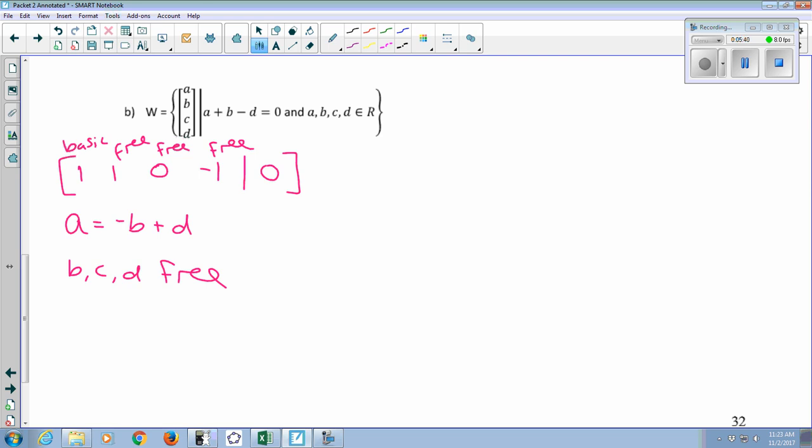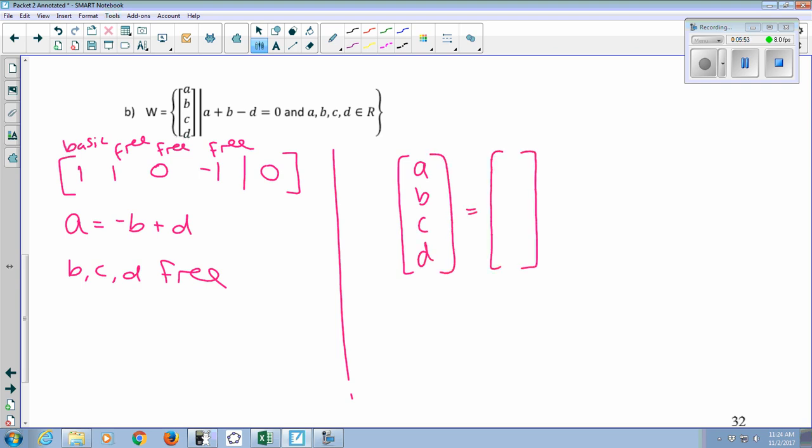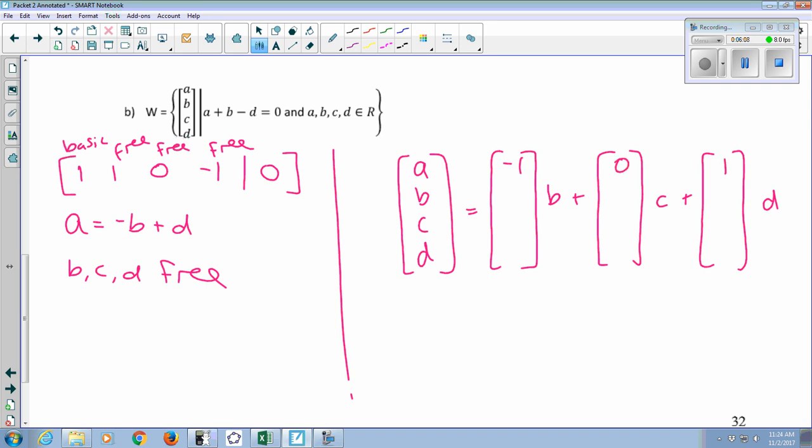So if I write this in parametric vector form, the set of all solutions to this equation would look like A, B, C, D equals, I'm going to have 3 vectors here with one of my free variables on each. So A is negative B plus 1D, no C's. And then B, C, and D are all free.